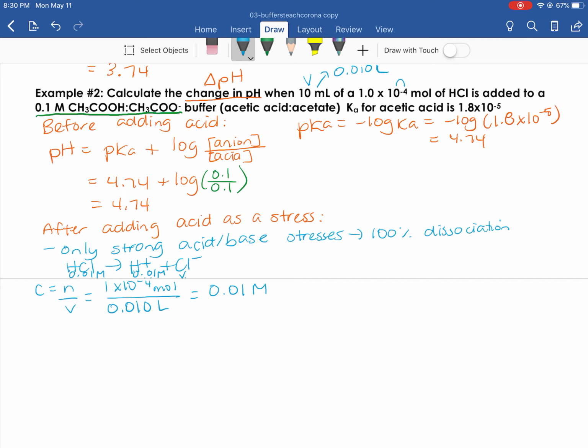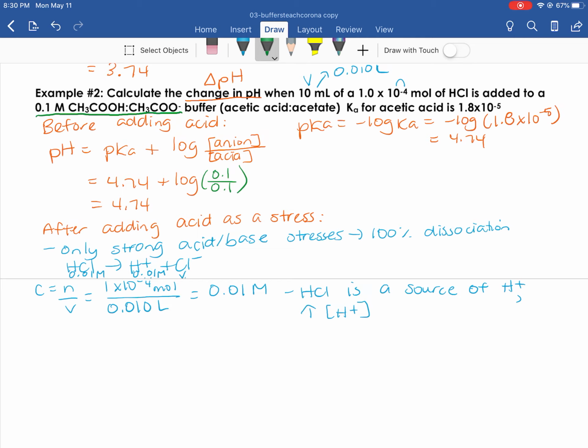Okay, so because it dissociates 100%, that means that the HCl is, of course, a source of H plus, or it increases the concentration of H plus. And so that's going to be important for when we do our ICE table.